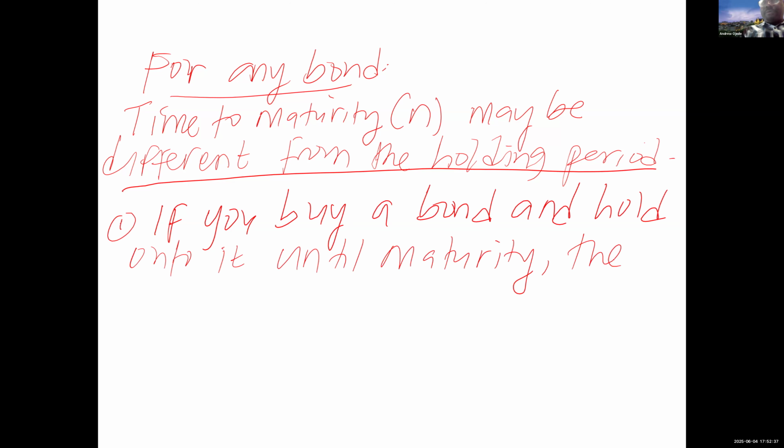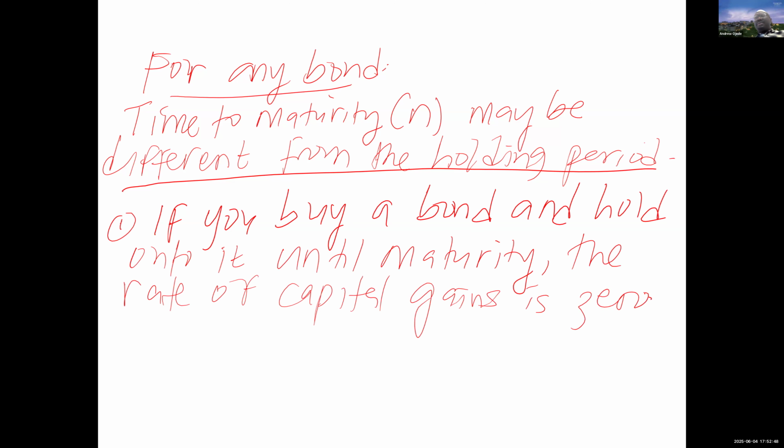The rate of capital gain, I'm going to talk about what that means, from this investment is 0. That means you're just going to be collecting your coupon payments every year for 10 years, if it's a 10-year bond. And then on maturity, not only do you get the last coupon payment, you get the face value paid to you on maturity as well. So that means you have never sold the bond. The rate of capital gains comes in when you decide to get rid of your bond before maturity.